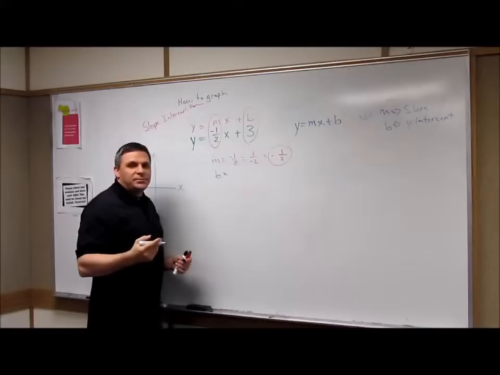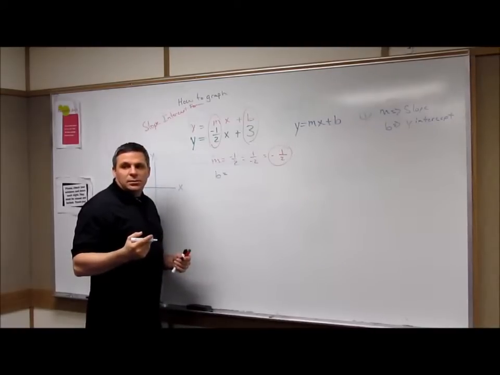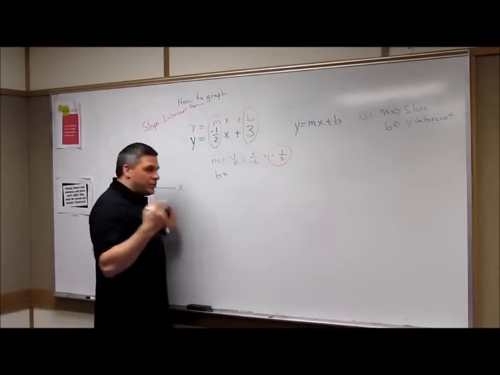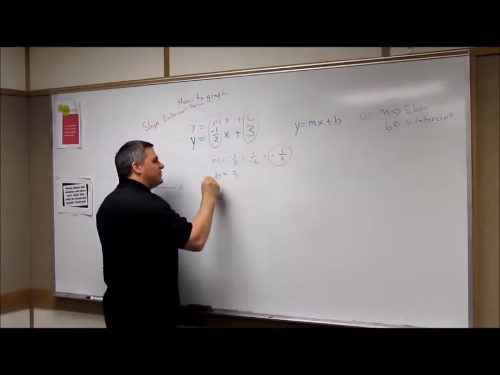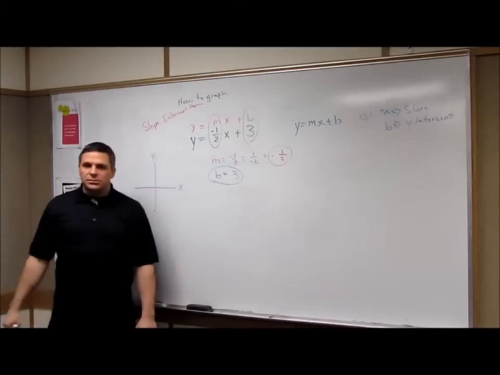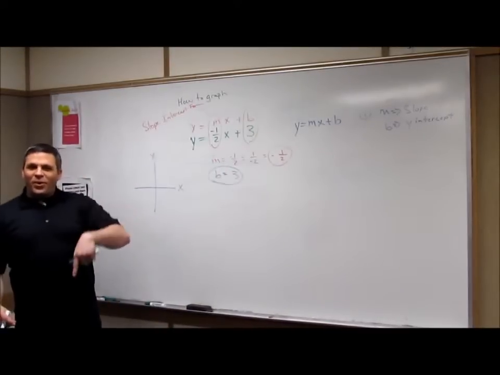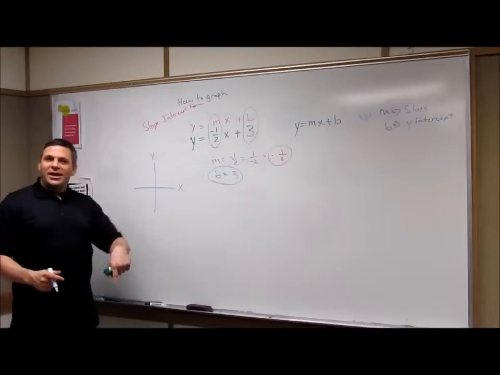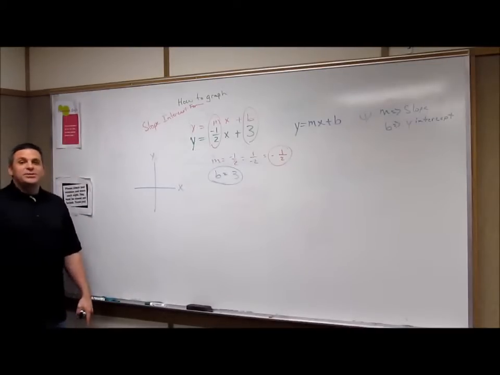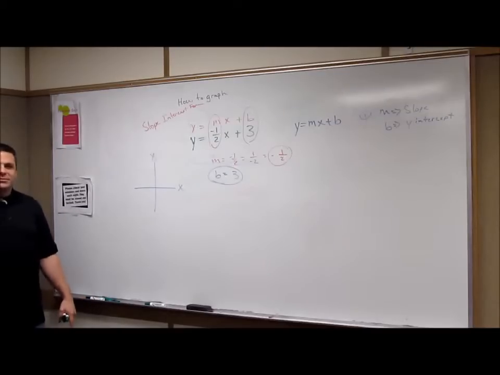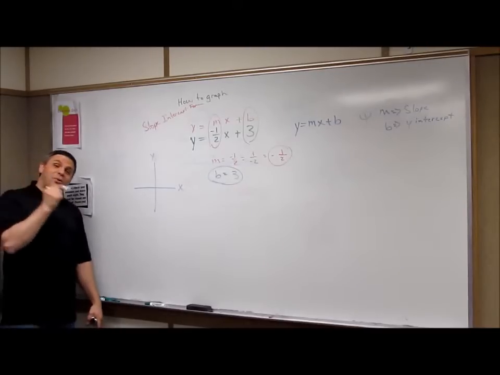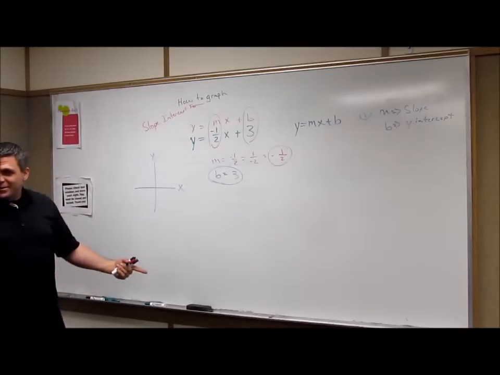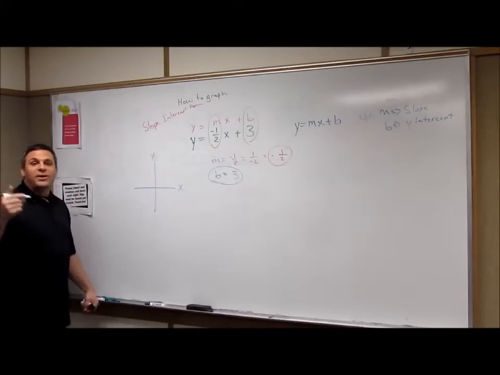So I know what the slope is. What's my y-intercept? 3. This gives us our starting point. No pun intended, but kind of, right? Because it's a point. How many points do we need to draw a line? 2. So we have a starting point. 1 starts it, and then we make our second point from there.